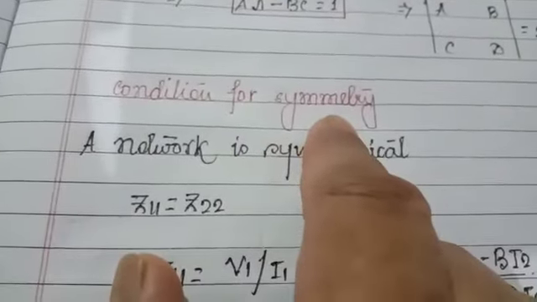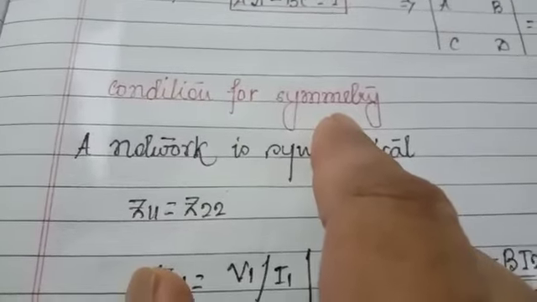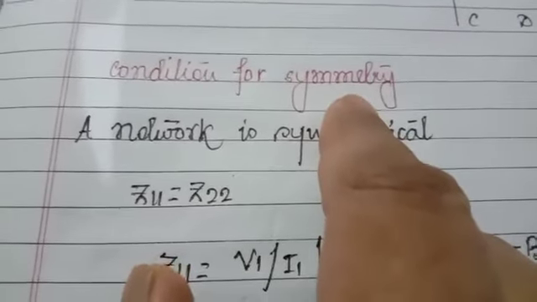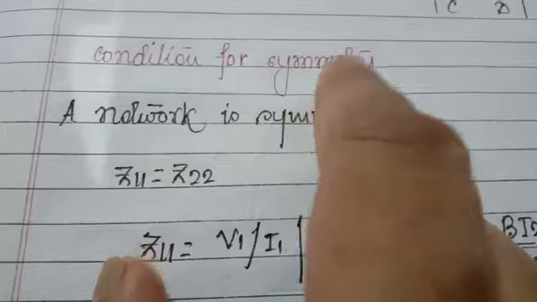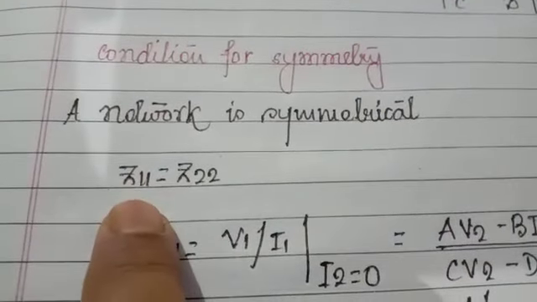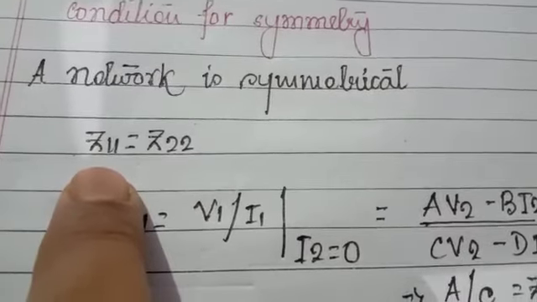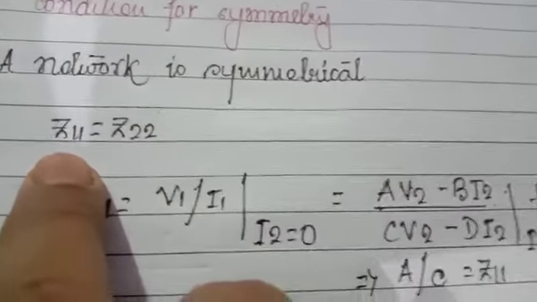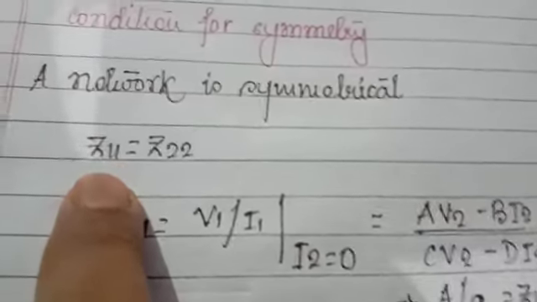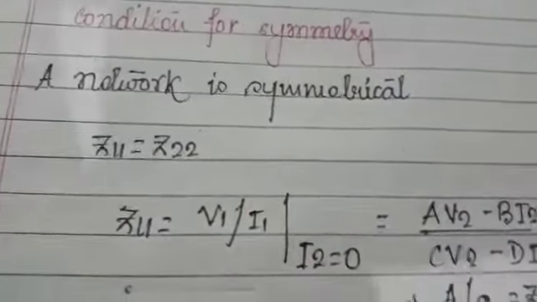Now the condition for symmetry for a two-port network in terms of ABCD parameters. As we have already deduced, a two-port network is said to be symmetrical if Z11 is equal to Z22.